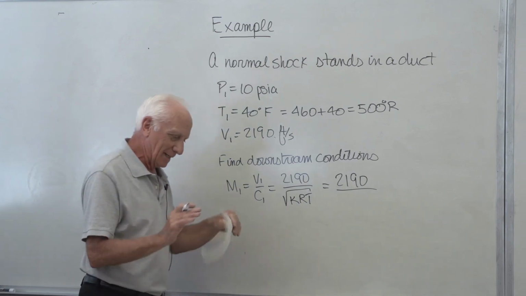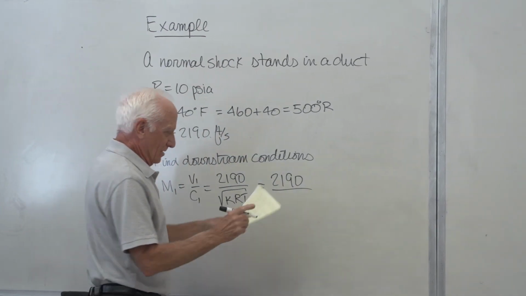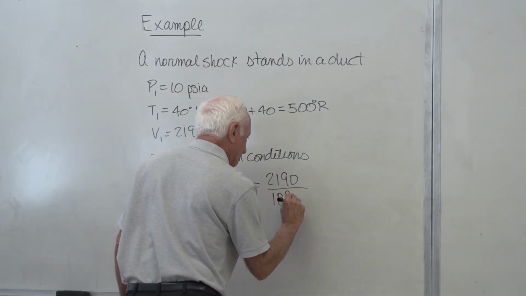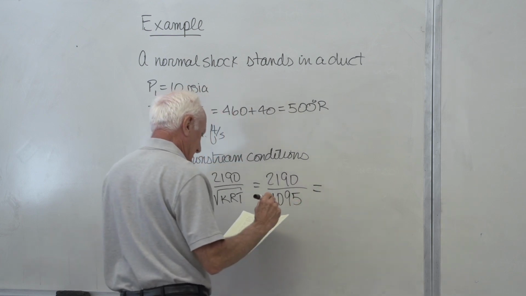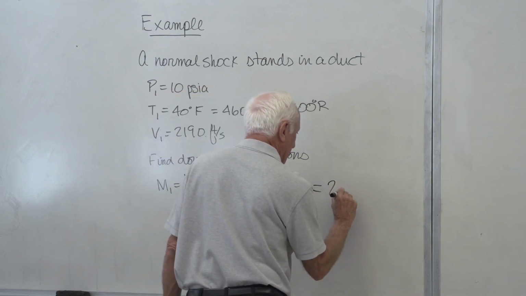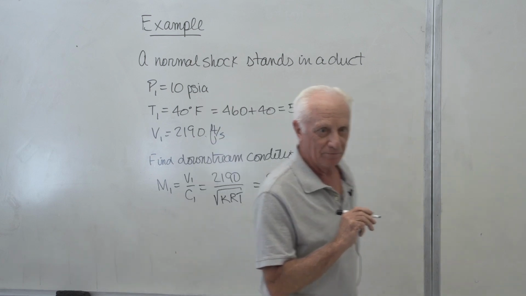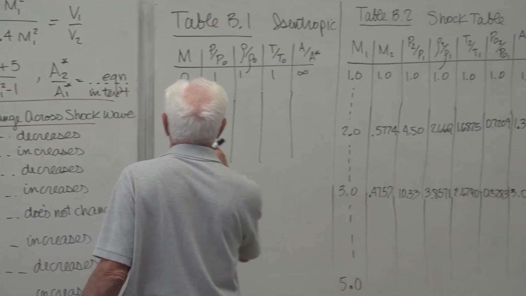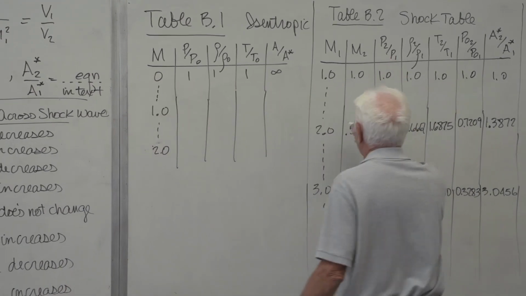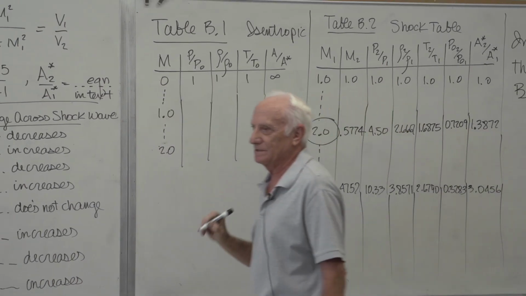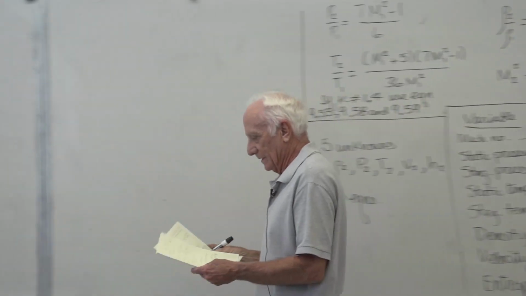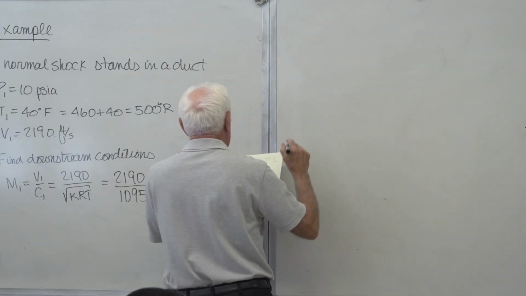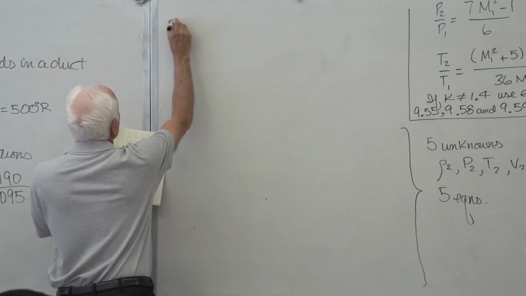Okay, back to here. We put that in there, 1095 is equal to exactly 2.0. Yep, I made up a good problem, 2.0. So, there we go. Here's table B2, shock table. I got it, that's my entry point. So let's get the T2.